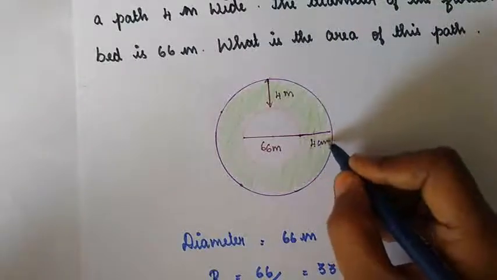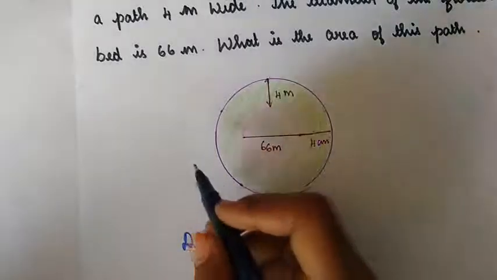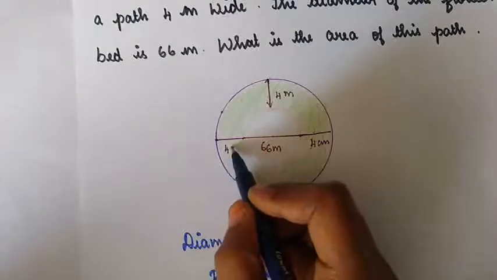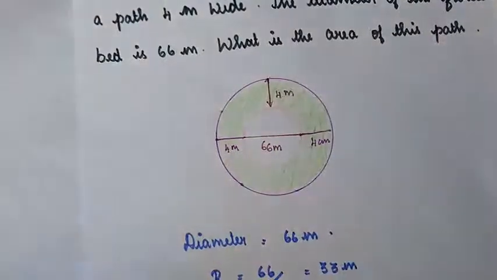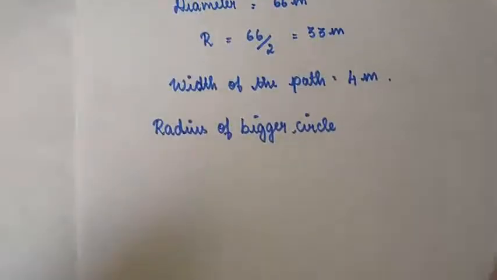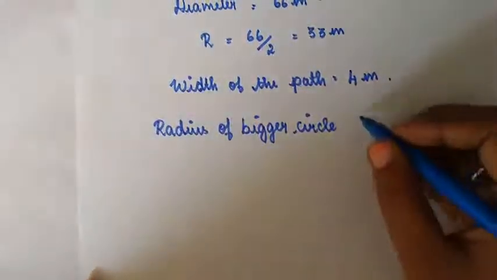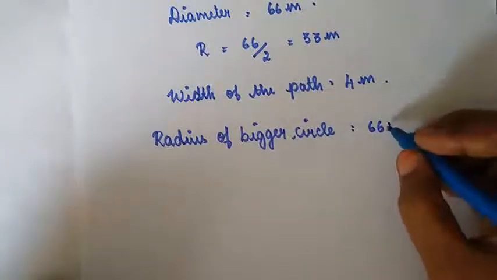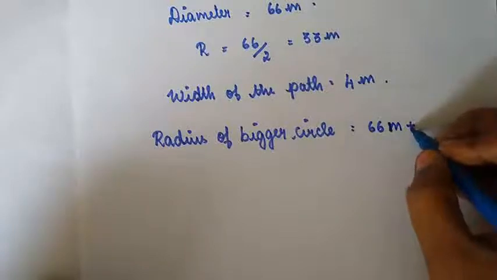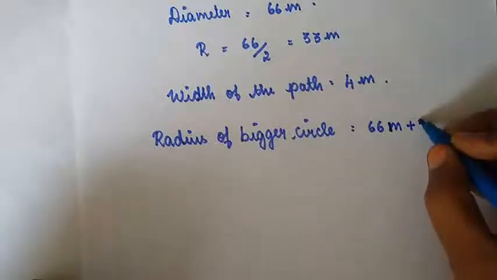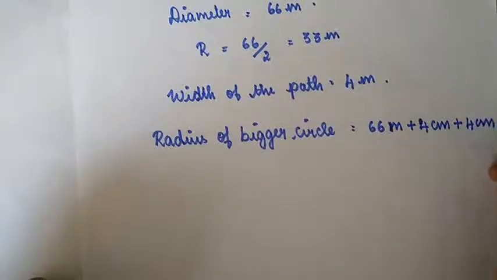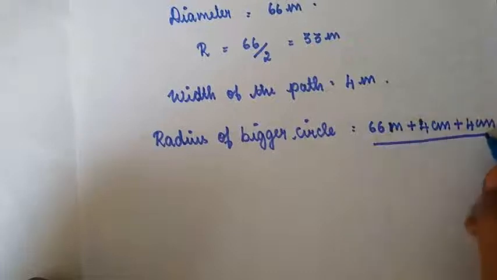So we have to add 4 on this side plus 4 meter on this side. 66 meter plus 4 meter plus 4 meter, divided by 2.